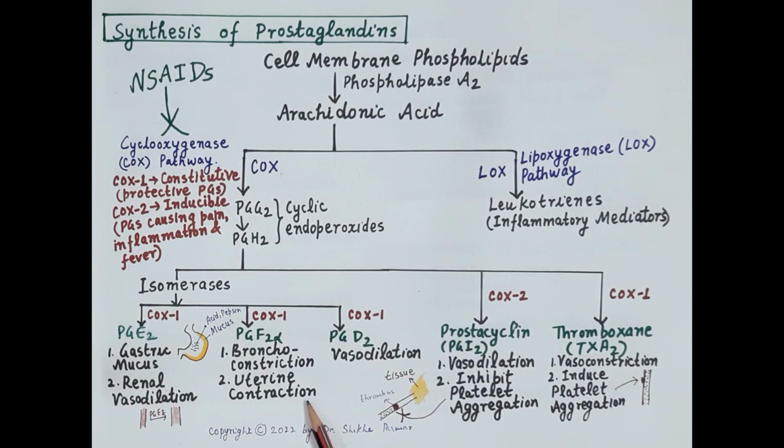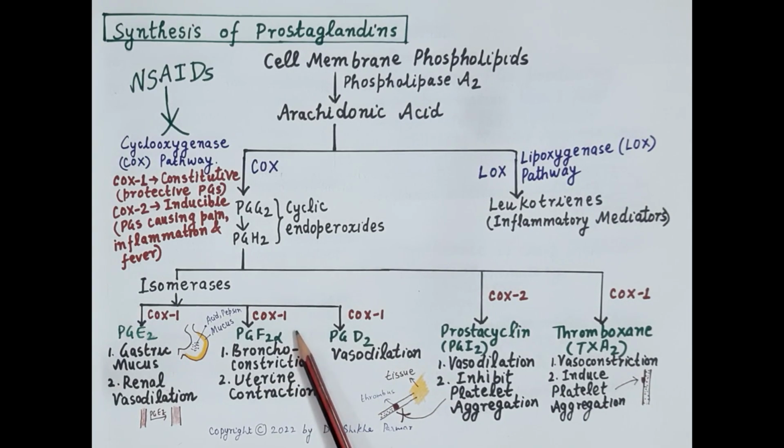On the other hand, prostaglandin mediated uterine contraction reduces the risk of postpartum hemorrhage. Postpartum hemorrhage is the bleeding that is caused after the delivery of a child. So, this prostaglandin F2 alpha causes uterine contraction, which is useful in the delivery of a child and also reduces the risk of postpartum hemorrhage.